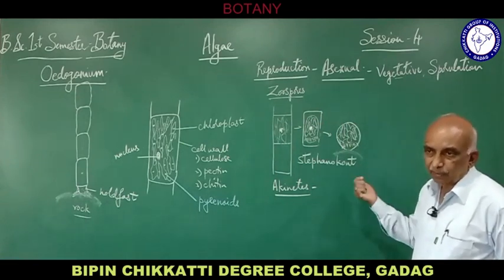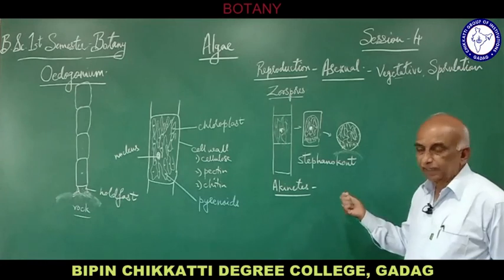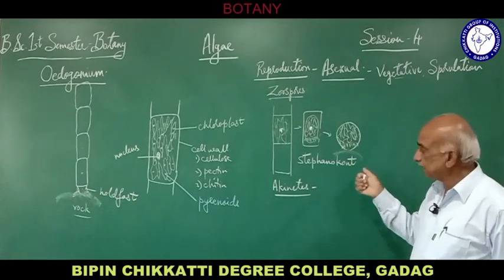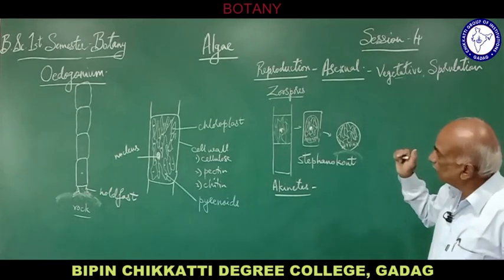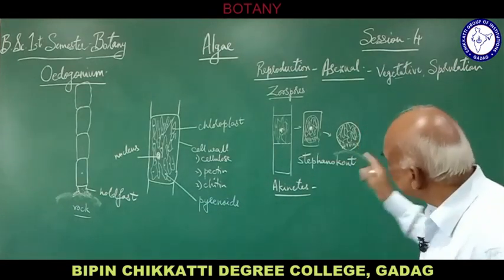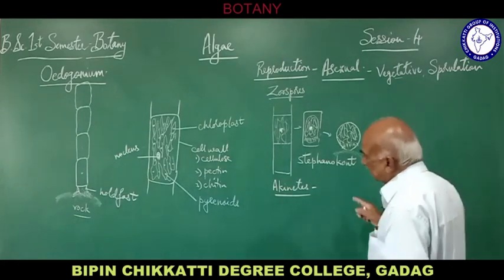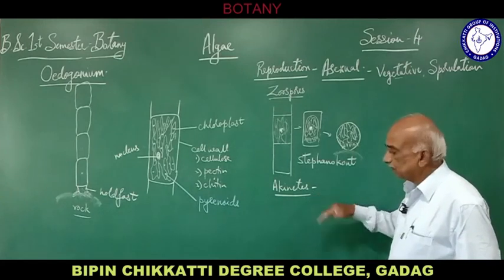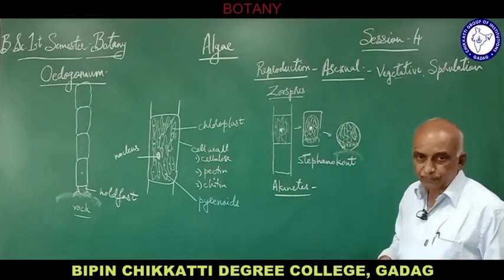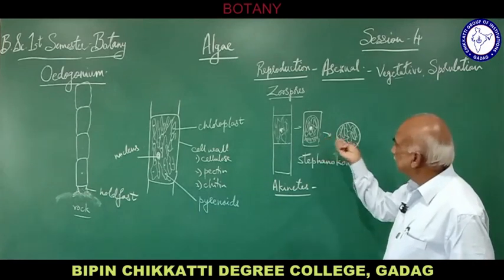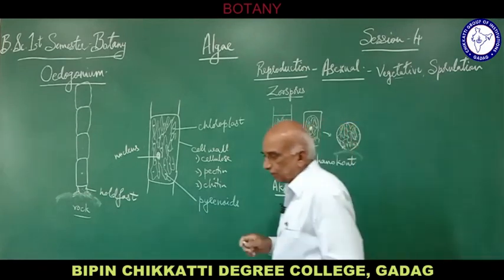The thick wall gets separated, and the akinetes become attached to the substratum and divide to form a new filament. That is how the akinetes help in overcoming the unfavorable situations in the season. But zoospores are usually produced in the favorable season.